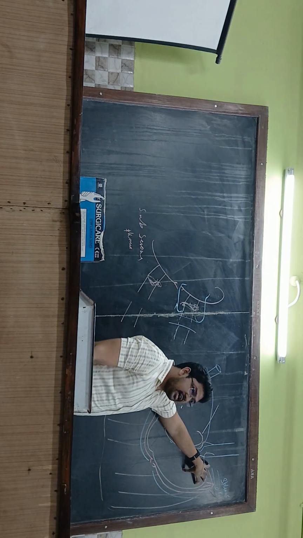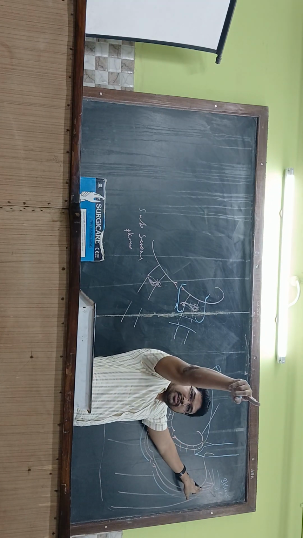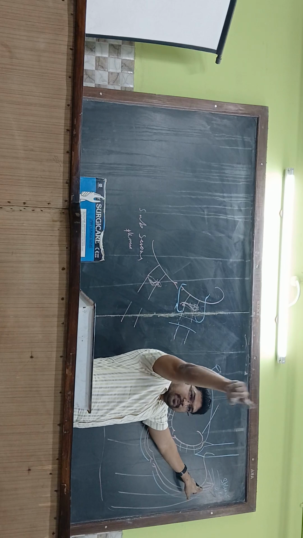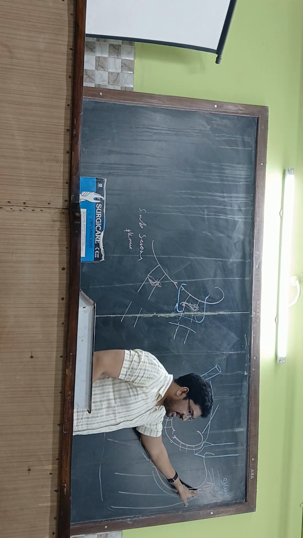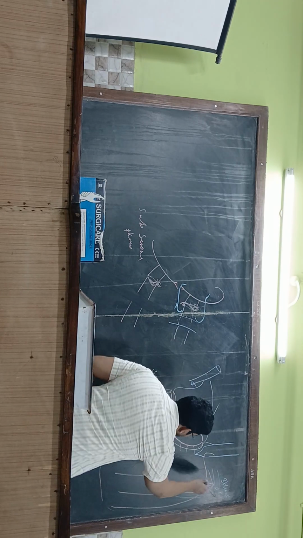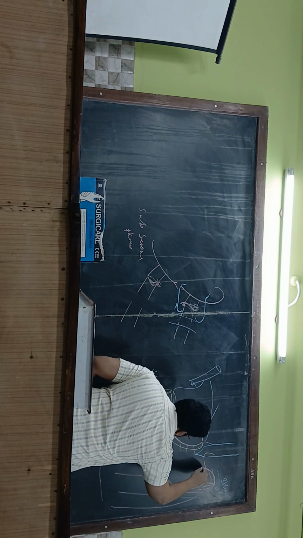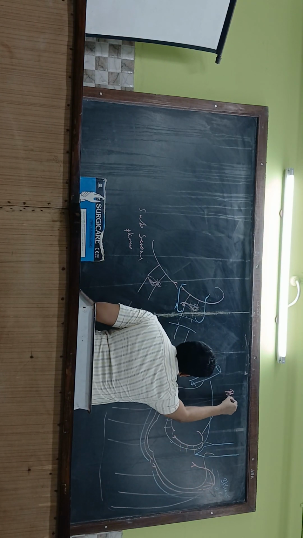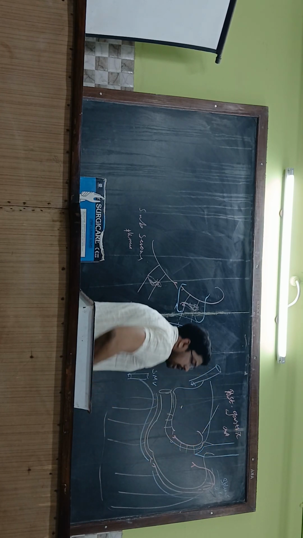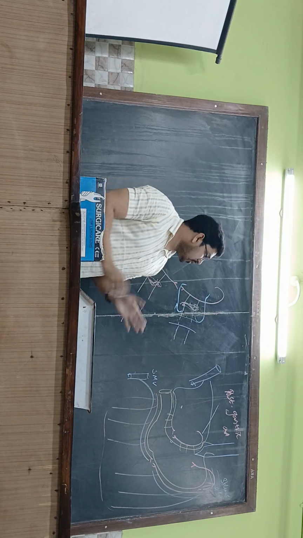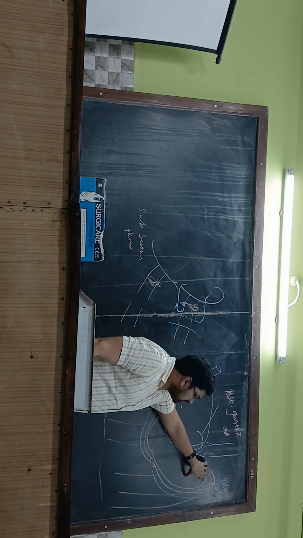The fundus of the stomach is supplied by short gastric arteries, which are branches of the splenic artery, and the left gastroepiploic artery is also a branch of the splenic artery. One more branch from the splenic artery is the posterior gastric artery, which supplies the fundus of the stomach.